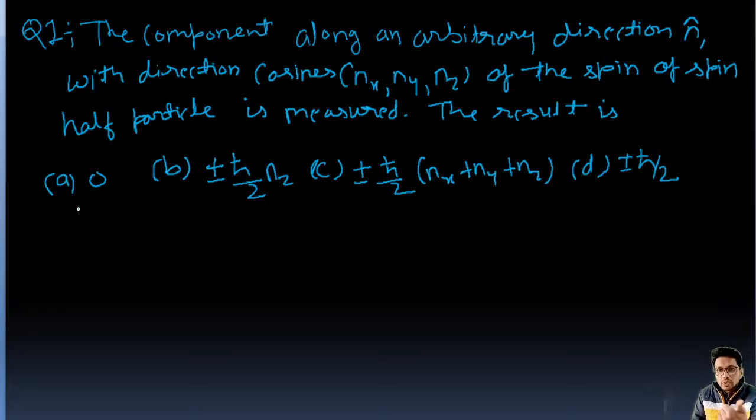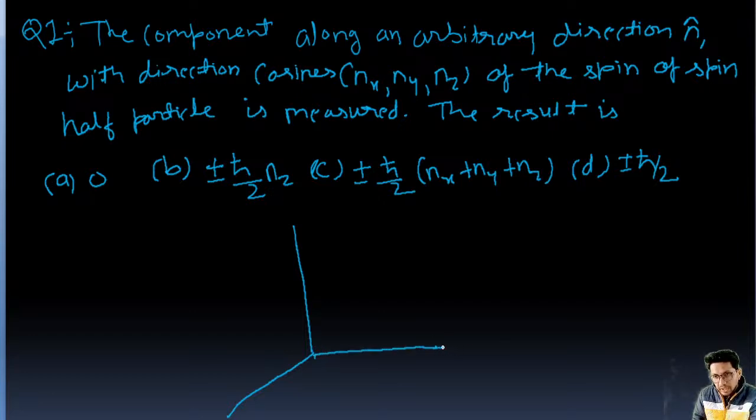Okay, so the question is: the component along an arbitrary direction n cap with direction cosines nx, ny, nz of the spin of a spin half particle is measured. We can make a diagram so it will be easy to understand.